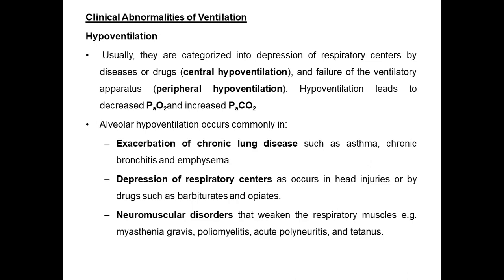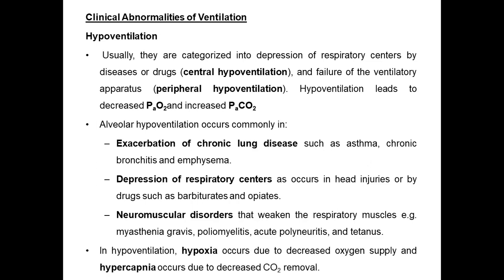So these are the clinical conditions where you can get alveolar hypoventilation. The hypoxia occurring in hypoventilation is due to decreased oxygen supply, and the hypercapnia is due to decreased carbon dioxide removal. So these are the reasons for hypoxia and hypercapnia. Of course, you have to treat this condition as an emergency.